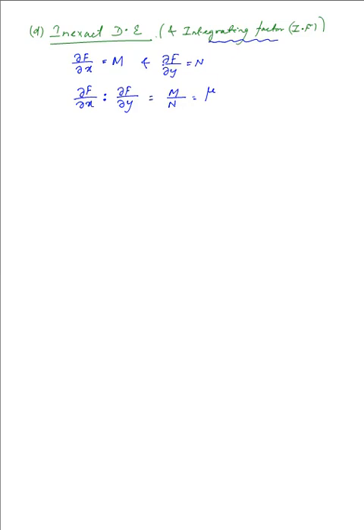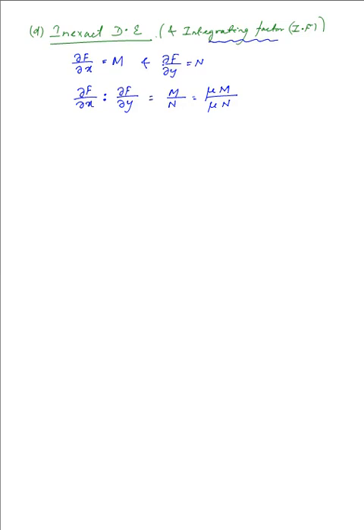It may be a variable, it may be dependent on x or may not be dependent on x, that's a separate case. So mu M divided by mu N makes no difference, but it finally makes a difference to the initial equation.